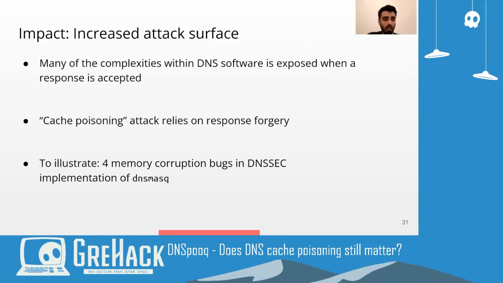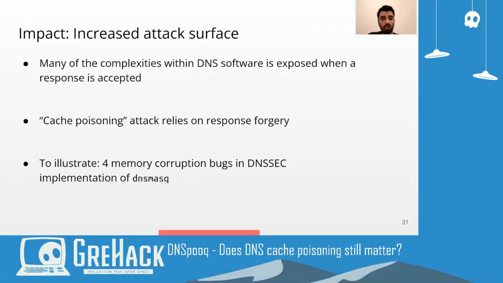And we think that a beautiful illustration of this is the memory corruption bugs we found in the DNSsec implementation of DNSmasq. In order to reach this code flow, an off-path attacker first needs to get his response accepted.